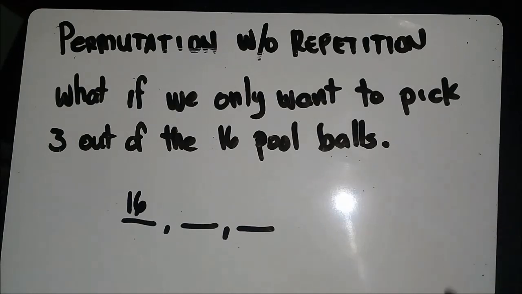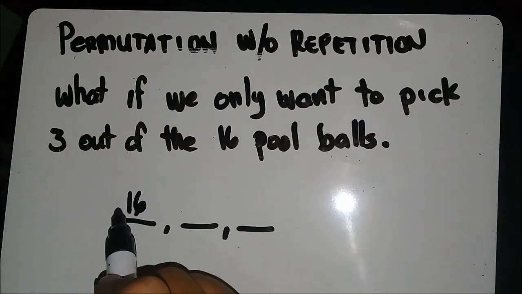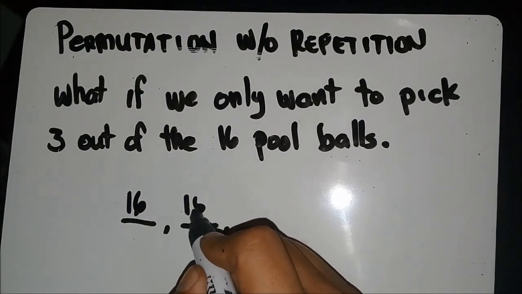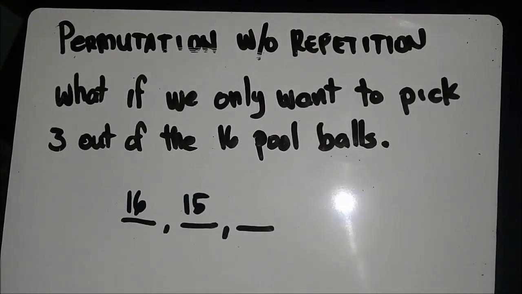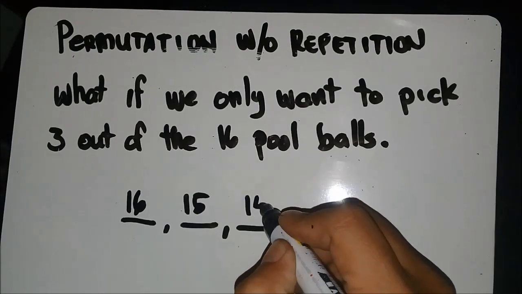From 1 to 15 plus the mother ball, you will have 16 possibilities in the first place. On the second place, because you have chosen 1 ball on the first place, we only have 15 possibilities. And on the third place, because 2 balls have already occupied the first 2 slots, we only have 14 possibilities.